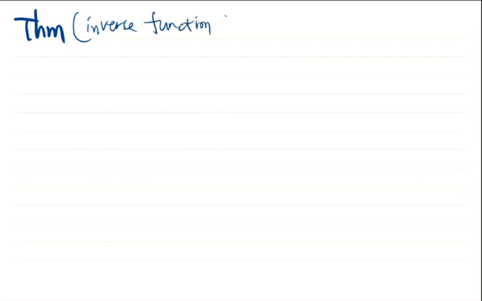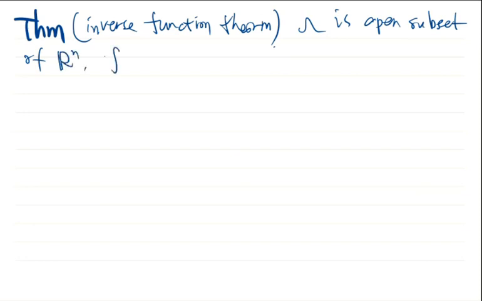Now we state the inverse function theorem. Suppose omega is an open subset of Rn, and F is a C1 map, continuously differentiable, from omega to Rn, and A is a point in omega.